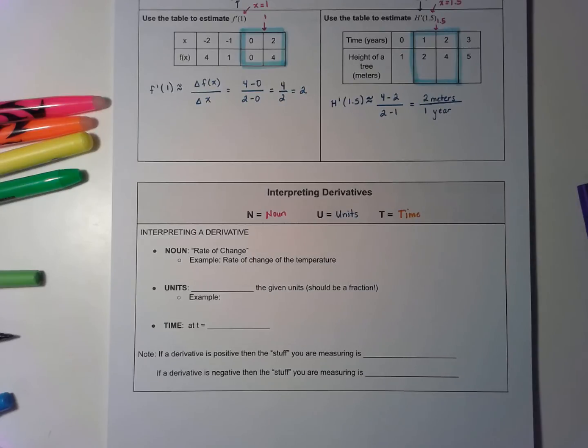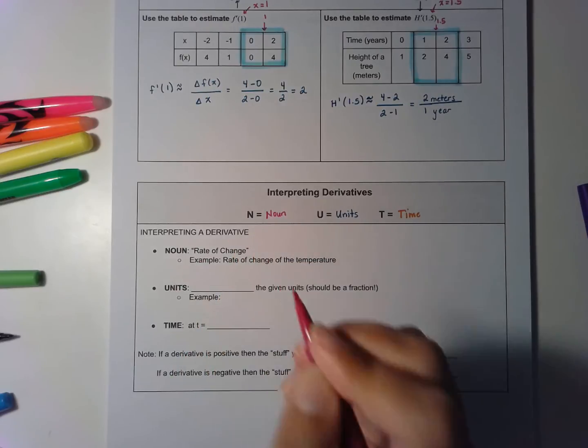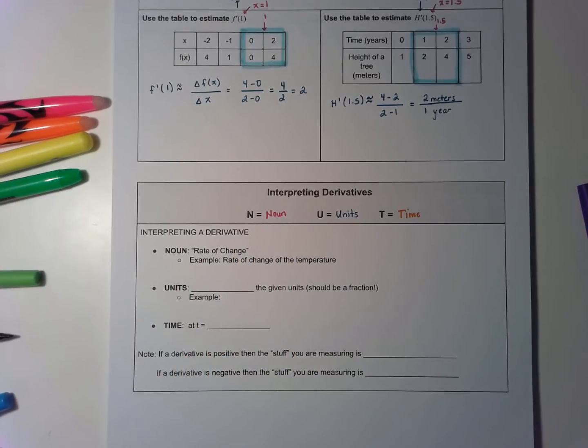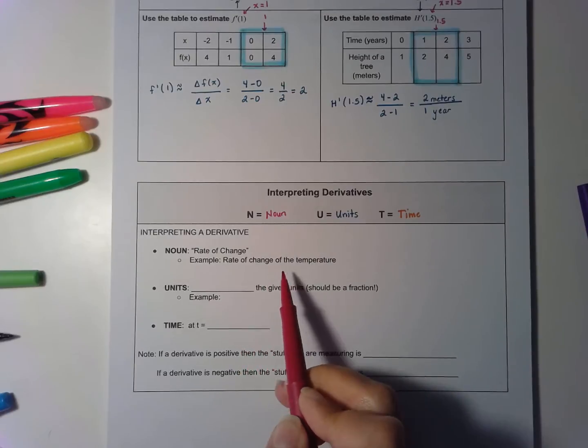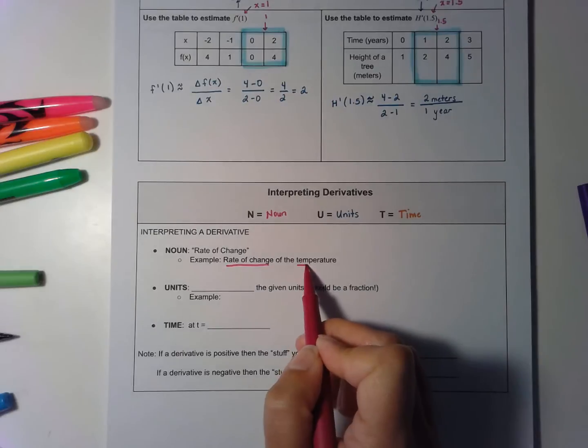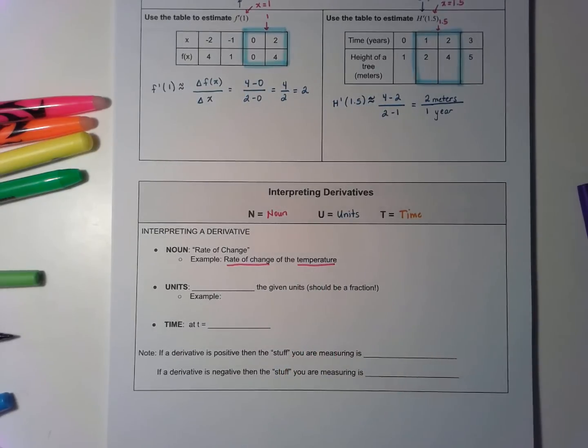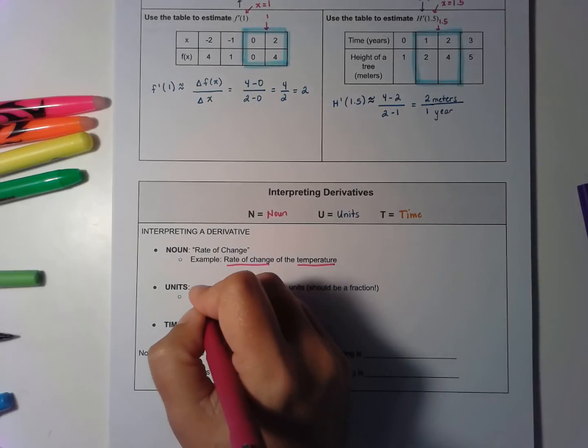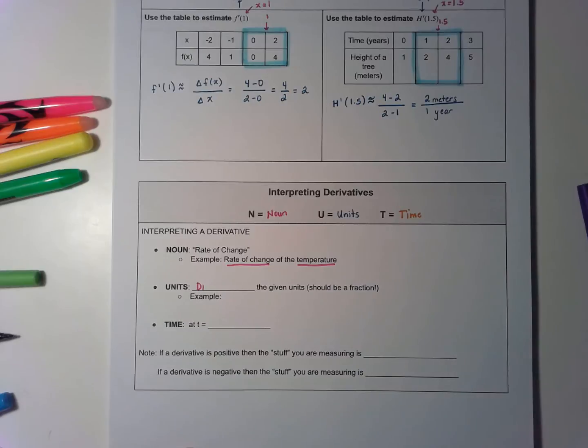When we're interpreting a derivative, we should always use the word rate of change as part of our noun. For example, you might say the rate of change of the temperature. So the word rate of change should be in there, and then what actually are you measuring? In this case, maybe the temperature. Now the units are always going to be a fraction. You need to divide the given units that are there.